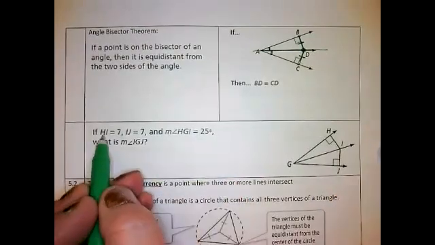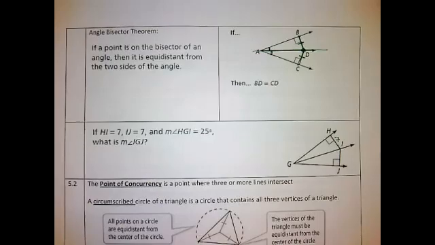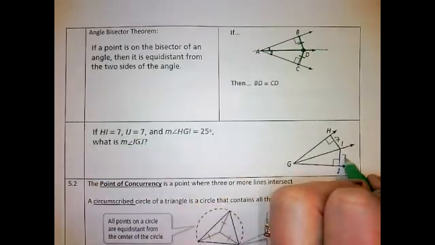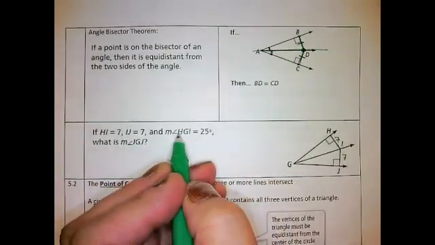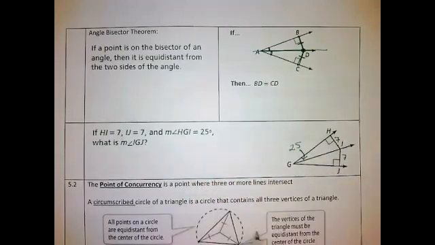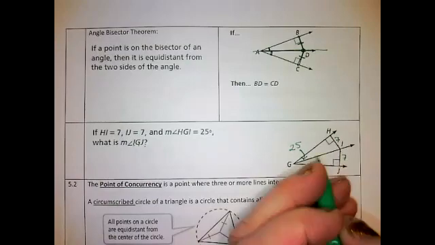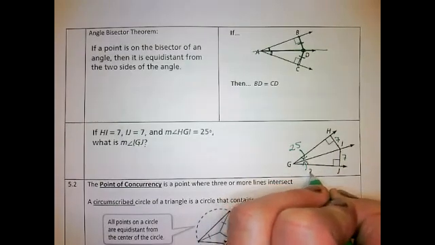It says if HI equals 7, so HI is 7, IJ is 7, and the measure of HGI, so this measure right here, is 25. It wants us to find the measure of IGJ. So we need to find this one right here.